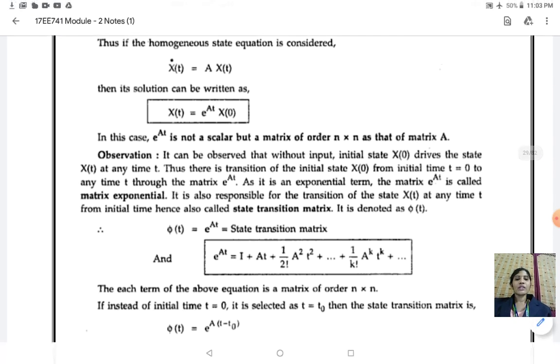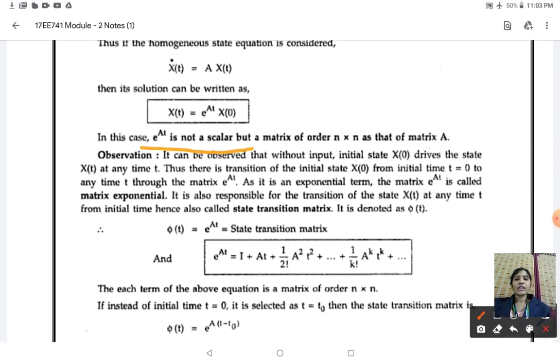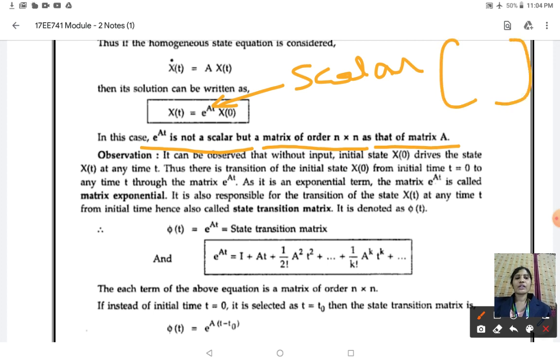In this case, e power at is not a scalar, but it is a matrix of the order n cross n as that of the matrix A. It will have a matrix form whose order will be same as that of order of the matrix A. So this is how we will be obtaining the solution of your state homogeneous equation.